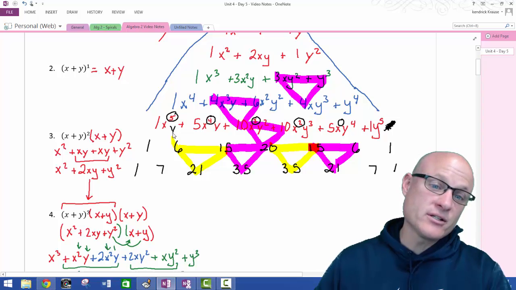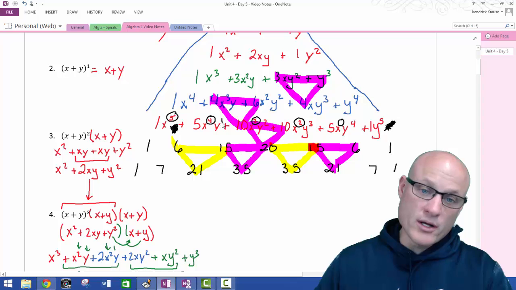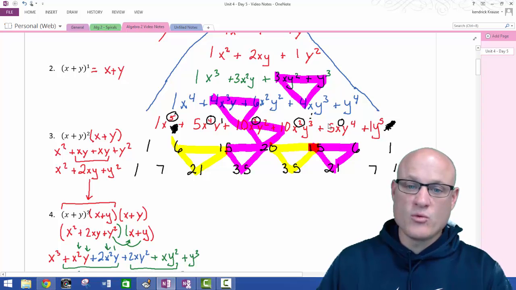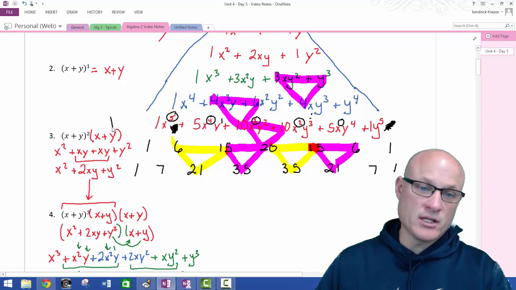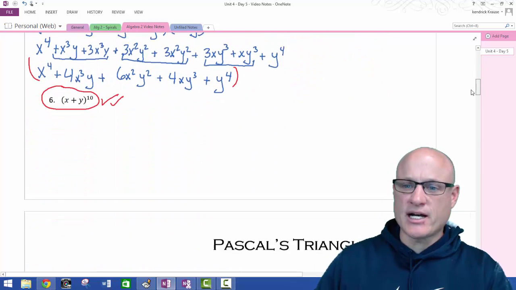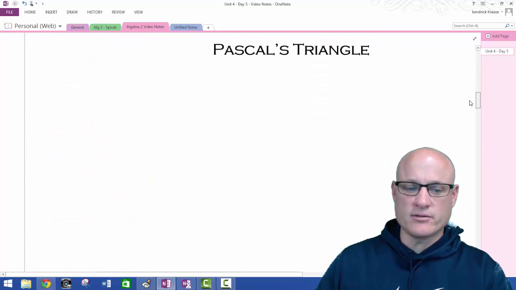Well, there's really a y to the 0 here, but we don't need that. Y to the 1, y to the 2, y to the 3, y to the 4, and y to the 5. So the second value in the parentheses is going up in its exponents, while the first one is going down.